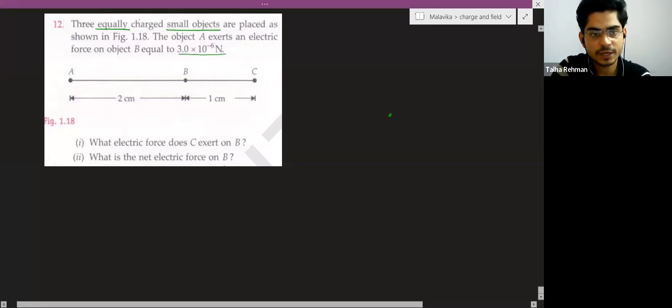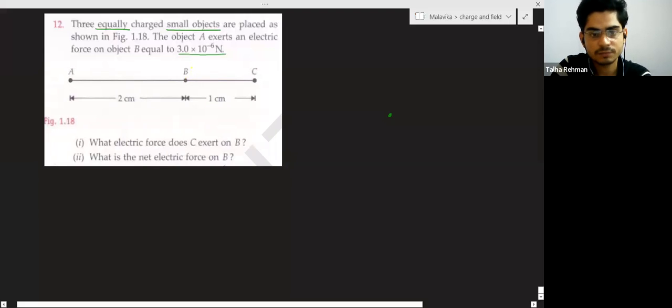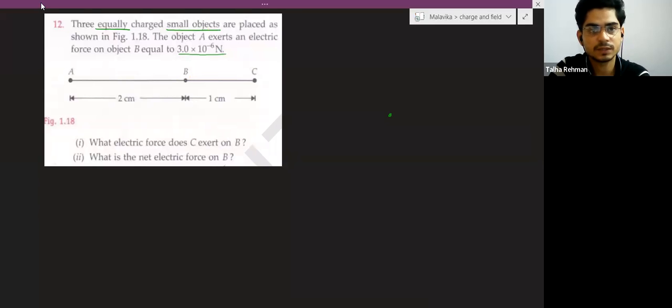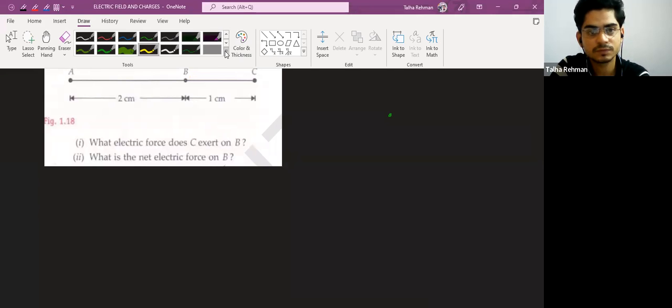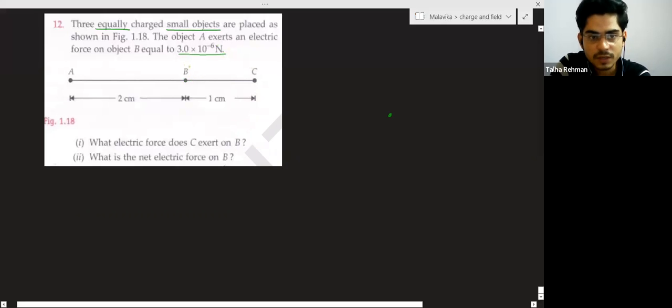So what I am doing here is representing this. This is the force this object exerts on this, and they are equally charged, meaning they have the same charge.